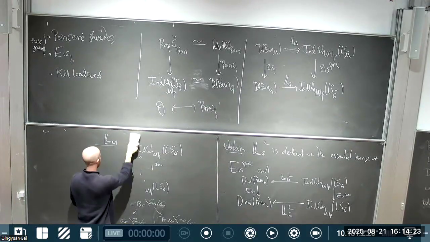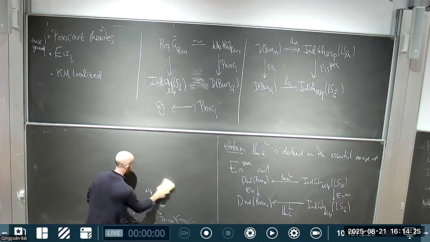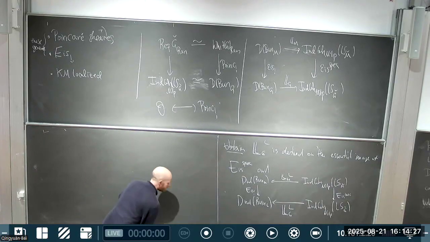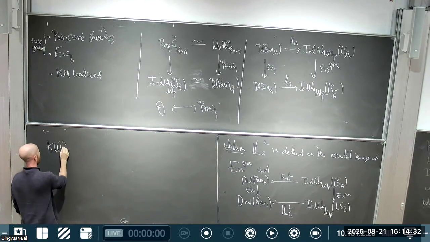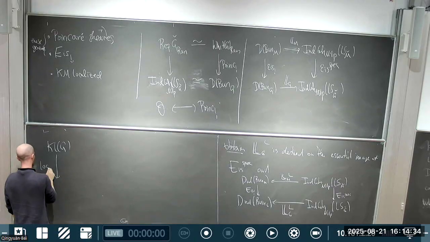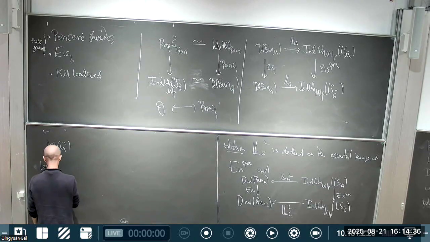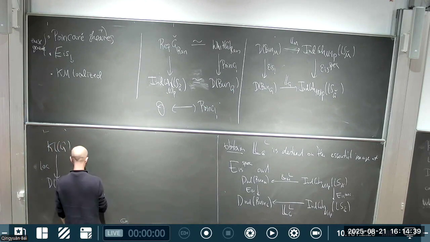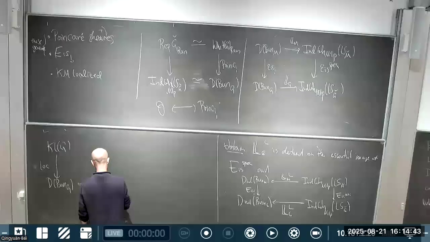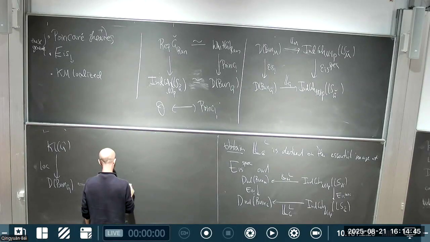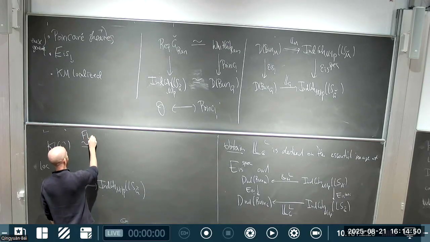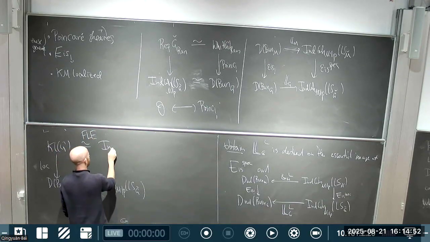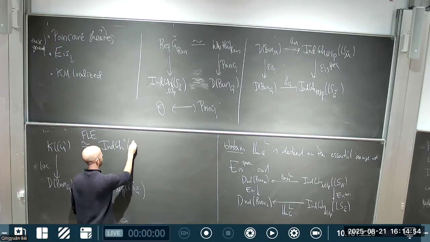Then there's this third class, and this is also what was computed over the last couple of days. This KLG maps by this Casimir localization to Bun G. This is equivalent to this FLE, on non-geometry operators.